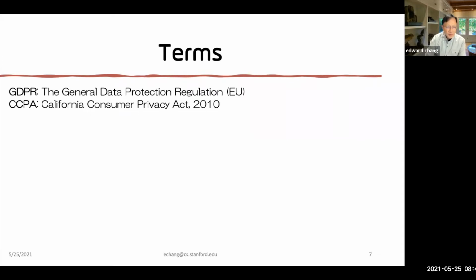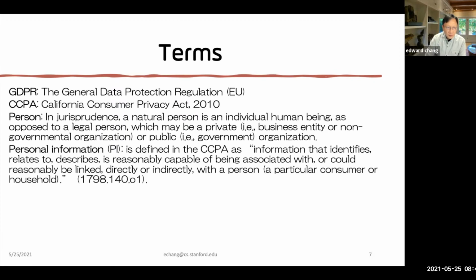So like I mentioned, CCPA started last year. And some terms, let's define them, so when we discuss all the implementations, we'll be on the same page. So here when we say person, we talk about a natural person in the jurisprudence sense, just like a person with a body with temperature, right? It's not like a business kind of unit.